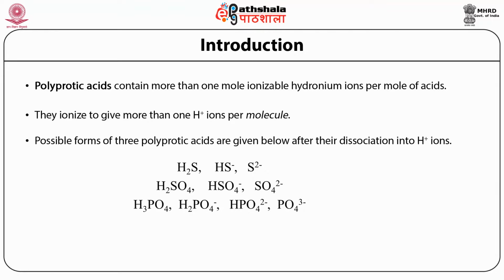These acids ionize in several stages, giving out one proton at each stage. The acidity constants for these acids may then be written as K1, K2, K3. For the first dissociation of a proton it is K1, then the second is K2, and for dissociation of the third proton it is K3.